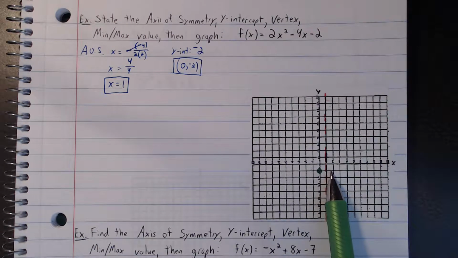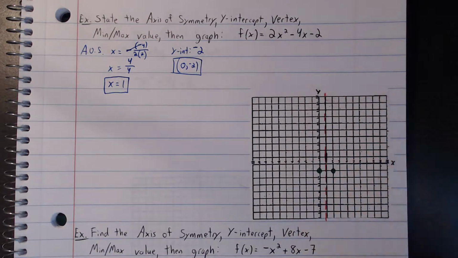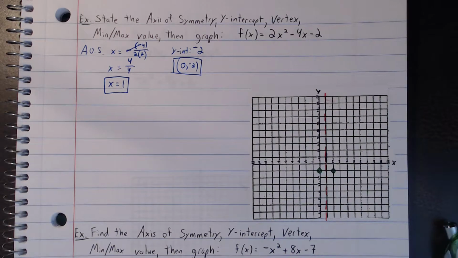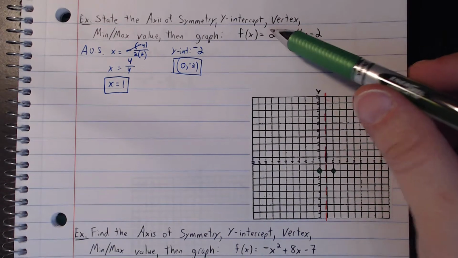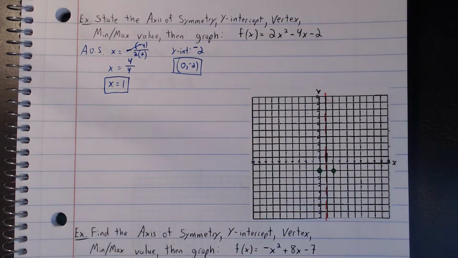So I'm also going to go 1 unit on the other side, and that gives me my second critical point. All I need now is my vertex, and that will tell me which direction this is going to go. I already know it's going to be opening up, so hopefully our vertex should be down here somewhere. Let's see what we end up getting.